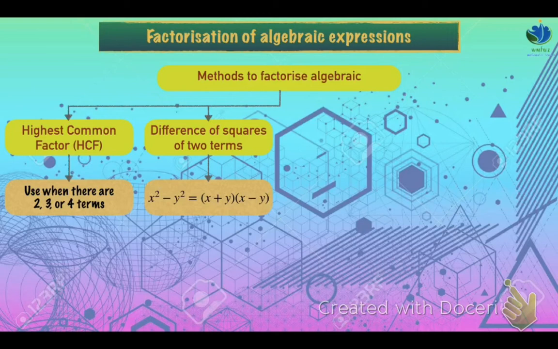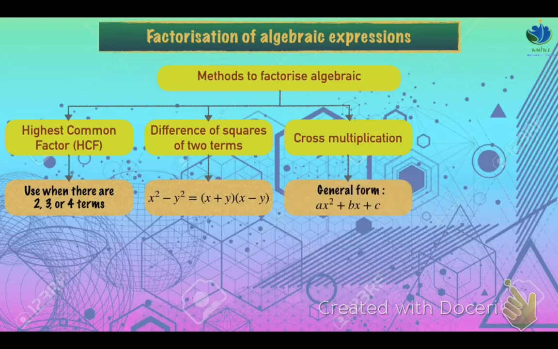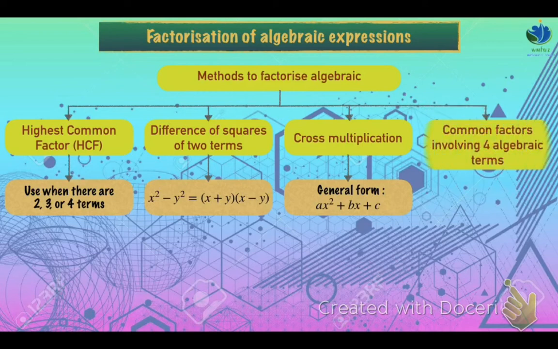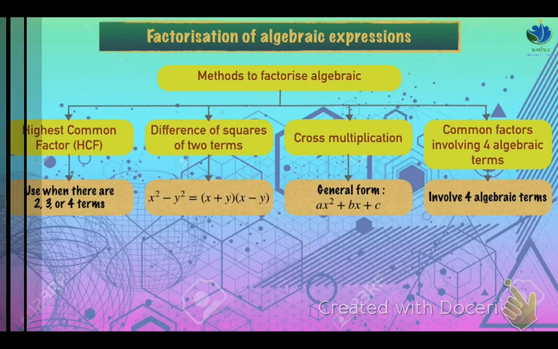The first one x plus y, and then followed with x minus y. Third method, cross multiplication. We use this method when it is in general form, ax squared plus bx plus c. And the last one, common factors involving 4 algebraic terms. Here when it involves 4 algebraic terms.